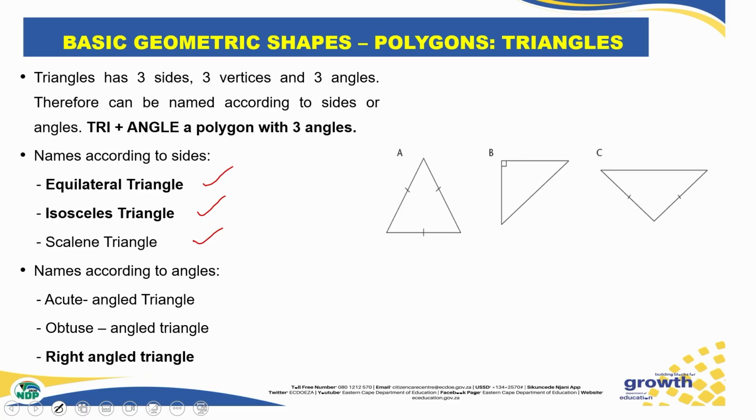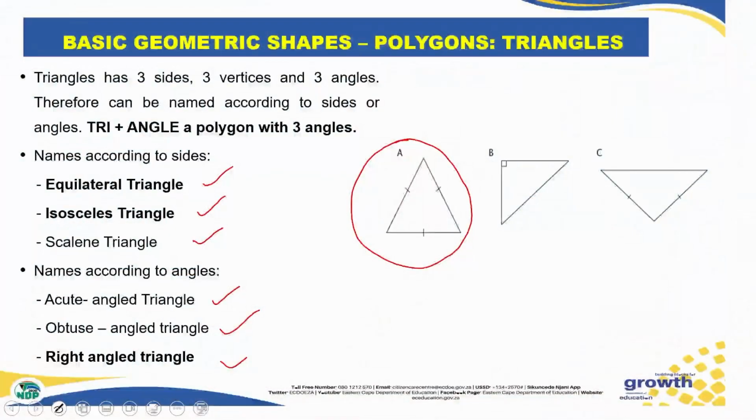We can also name the triangles according to the angles, which are called acute angled, obtuse angled, and right angled triangle. So when you look at a triangle, be able to identify how many sides are equal or not, and what type of angles form that shape.